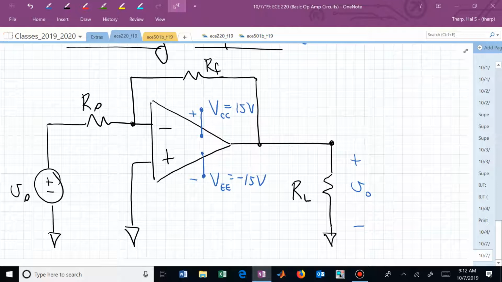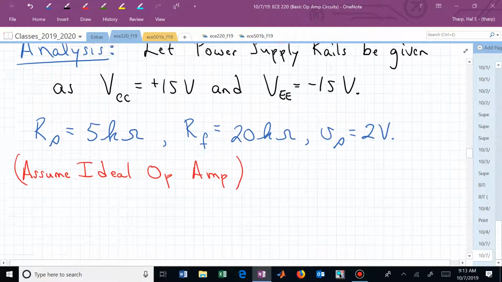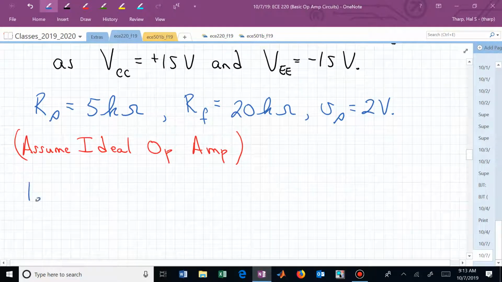It will saturate. Now we have feedback, so there is some hope that this won't just be stuck at one of the supply rail voltages. So our first step is to actually acknowledge that we do have negative feedback.